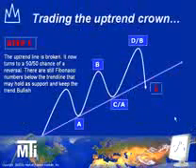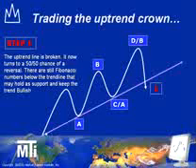Let's look at this a little closer. In the 1, 2, 3, 4, 5 process, the market is in an uptrend, making A, B, C, Ds, A, B, C, Ds, higher highs and higher lows. In that process, the market breaks the uptrend line.